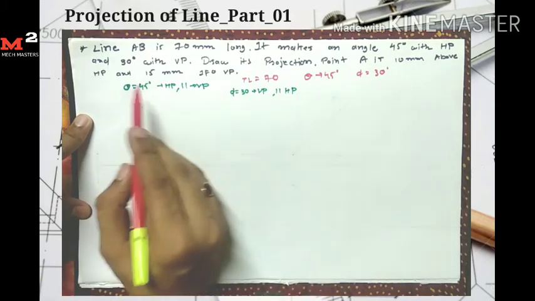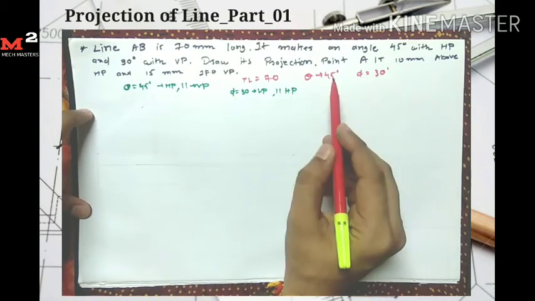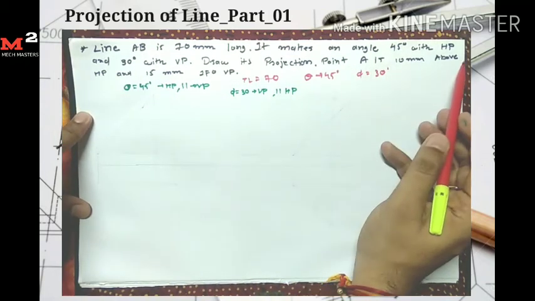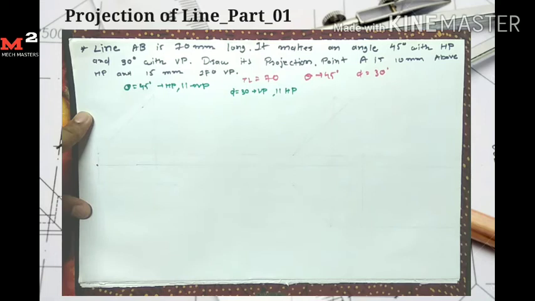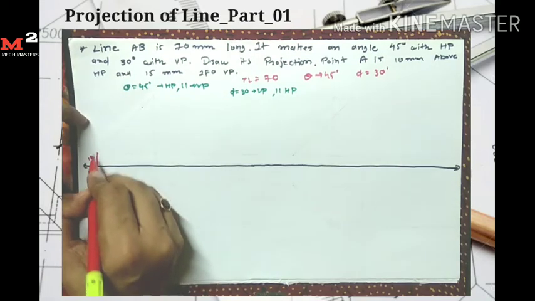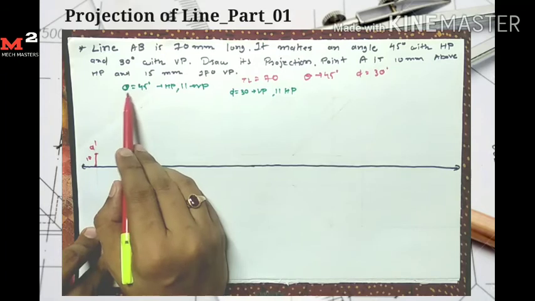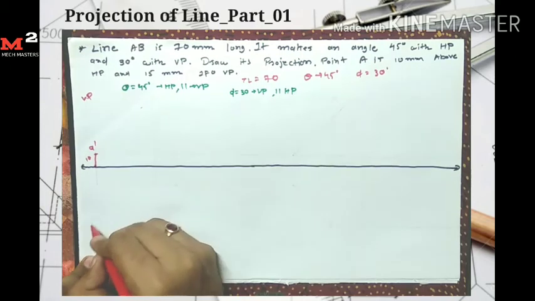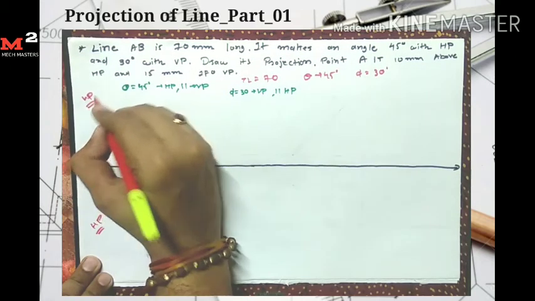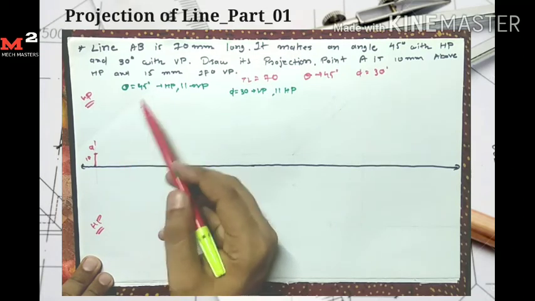In the first case, given that the line makes an angle theta of 45 degrees with the HP, first I mark the points A dash and A. Here the point A is 10 mm above HP, so I draw one reference line here first. Now I take the distance 10 mm and mark the point A dash, because the point is 10 mm above HP. The line makes an angle of 45 degrees with the horizontal plane, so we represent it on the vertical plane, because this angle is seen in the front view.